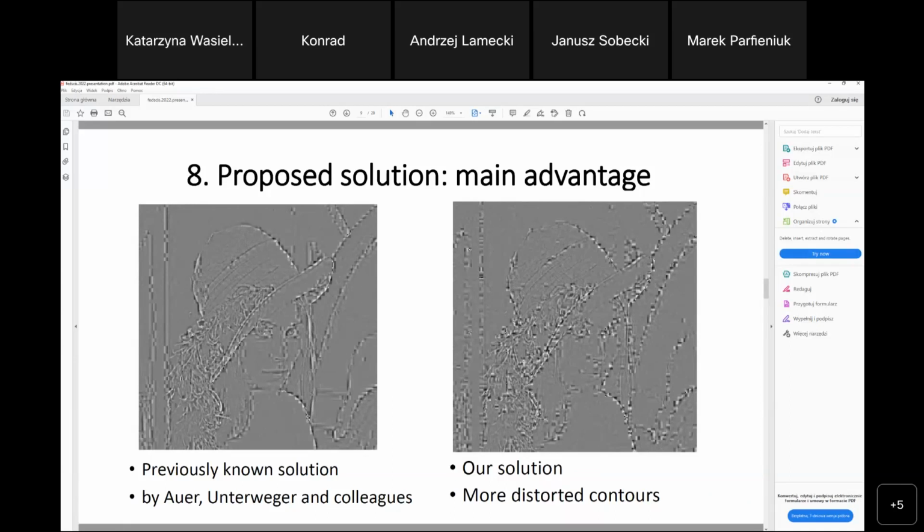As we can see, my approach allows for somewhat better hiding of contours, edges, even though encryption can still be bypassed. Information is somewhat better secured.